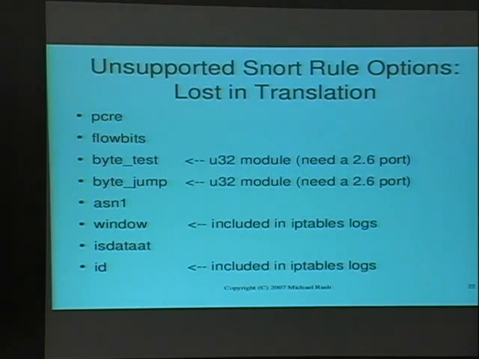Okay, so any discussion of this is not going to be complete without what can we not emulate to any degree really within iptables. Well, first and foremost, a lot of signatures these days are using PCREs. There is no Perl PCRE engine within the kernel.